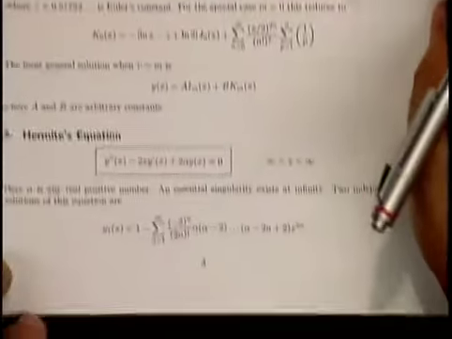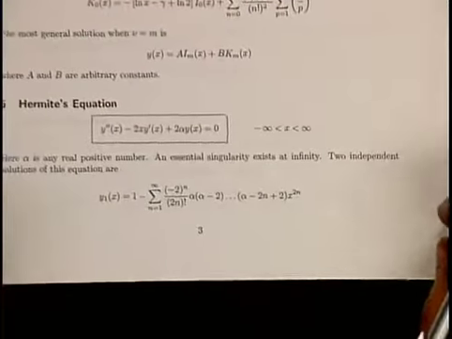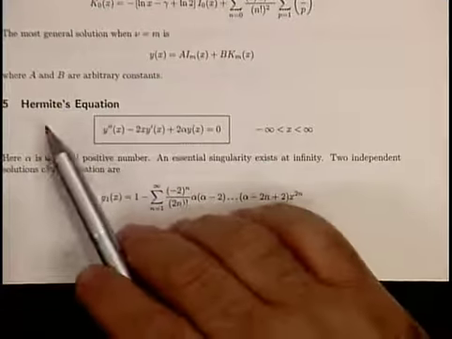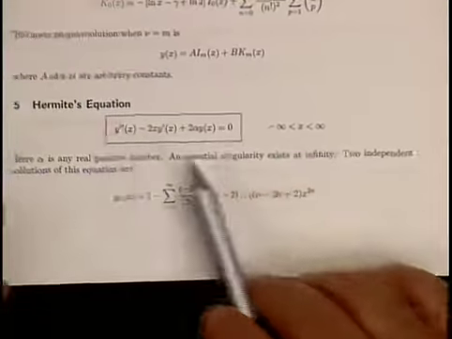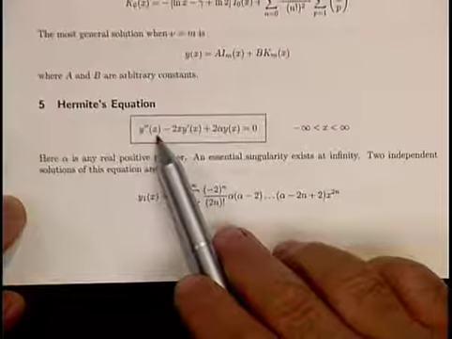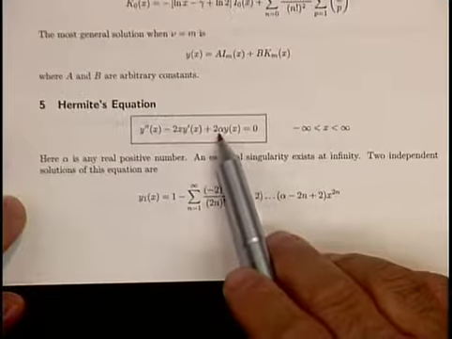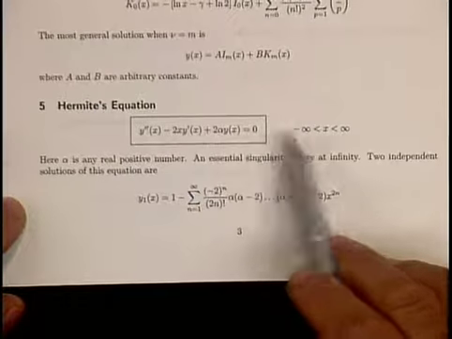One of the special functions of interest also in engineering is the Hermite equation, and this Hermite equation is defined as y double prime of x minus 2x y prime of x plus 2 alpha y of x equal to 0.